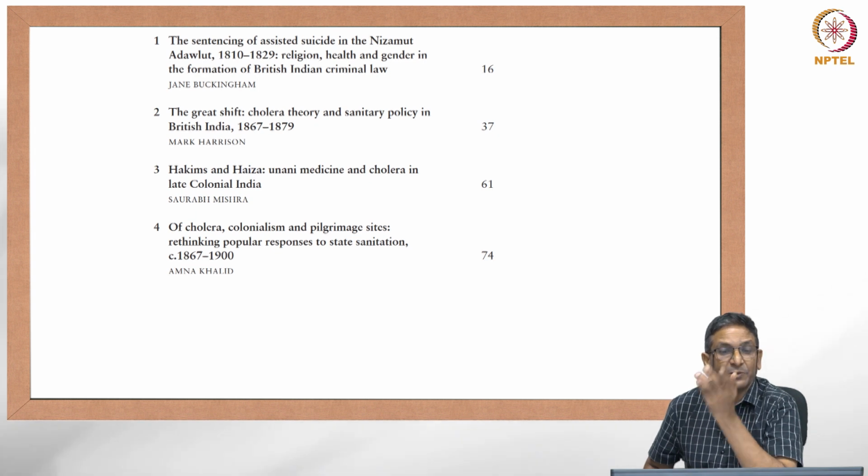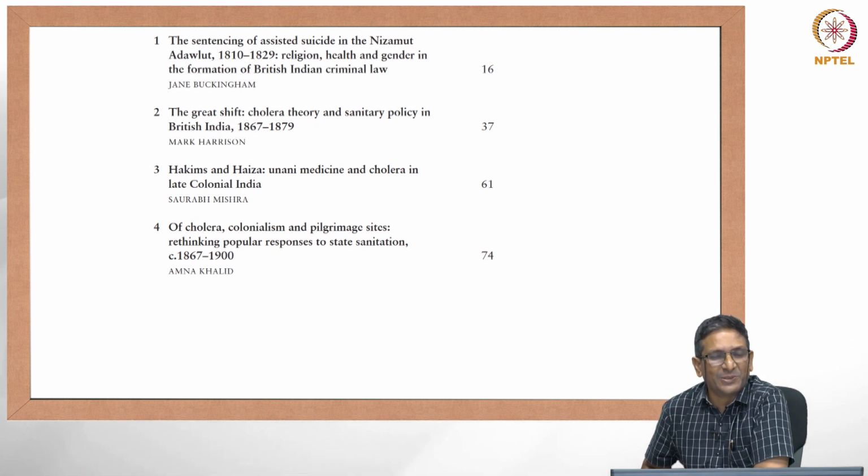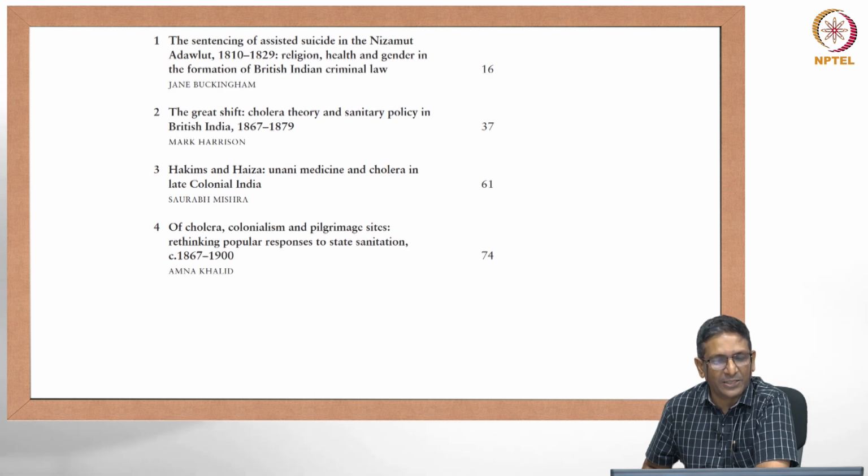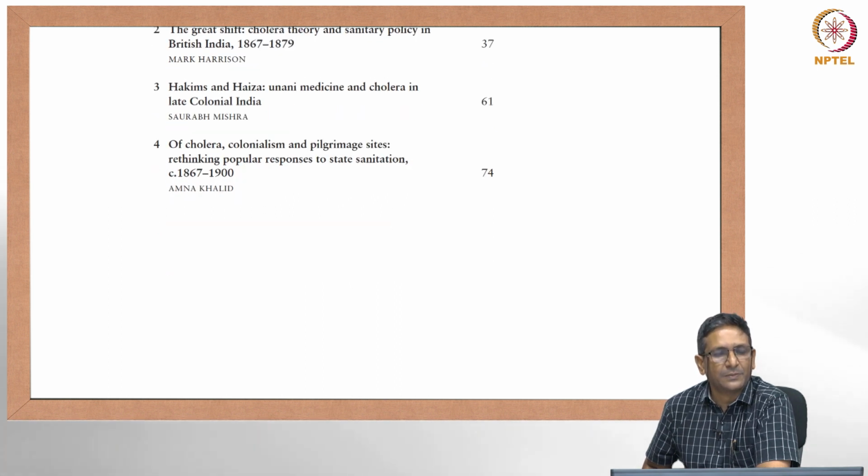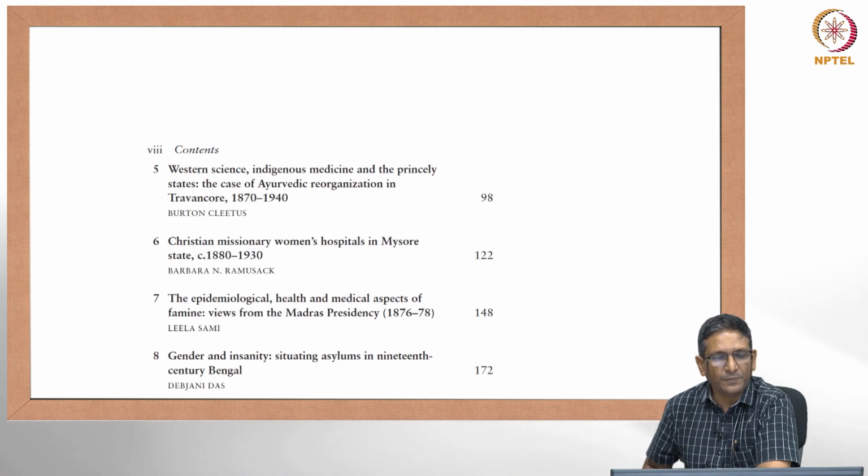Then we have topics like assisted suicide, then cholera, then Unani medicine, then cholera in pilgrim sites. Then we have a piece on indigenous medicine, missionaries. The seventh one particularly focuses on Madras presidency and epidemics there.